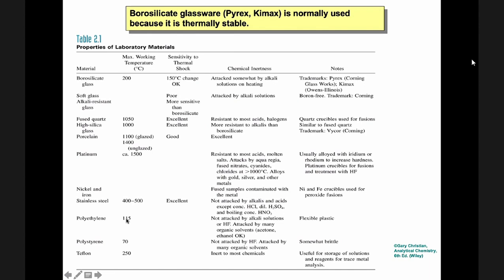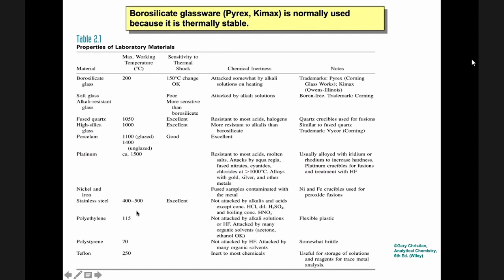Okay, polyethylene. Maximum working temperature is 115 degrees Celsius. Chemical inertness, this is not attacked by alkali solutions or hydrofluoric acid, but it can be attacked by organic solvents like acetone and ethanol.